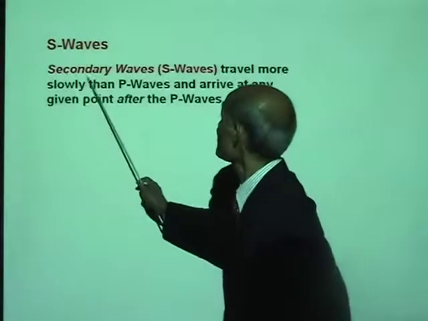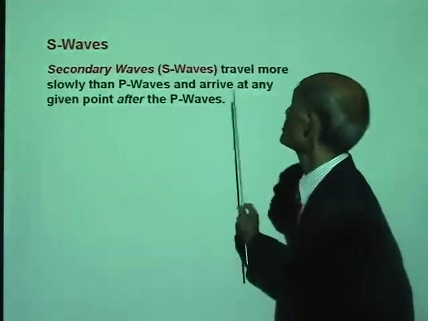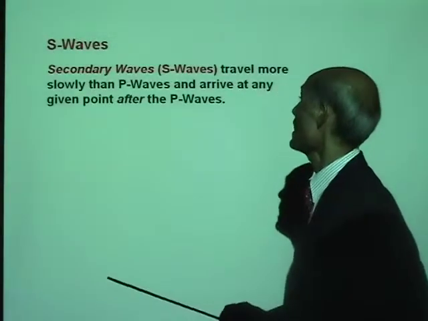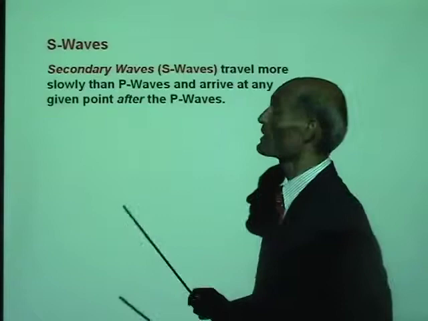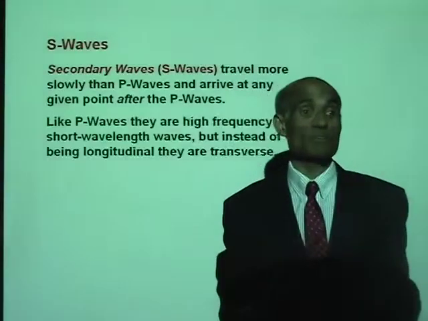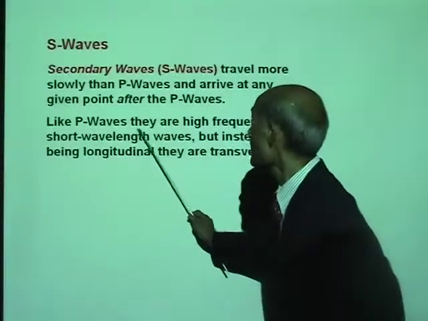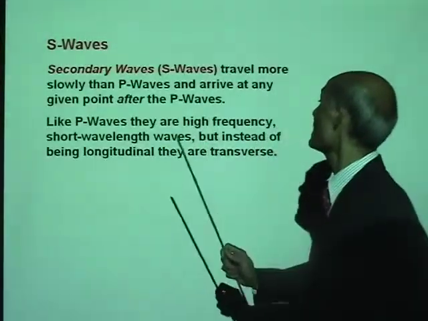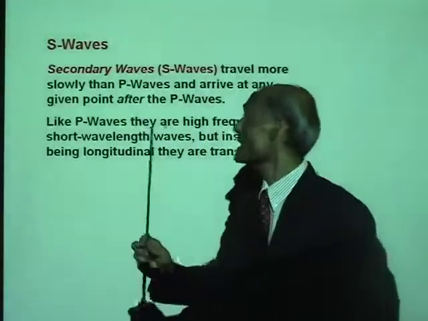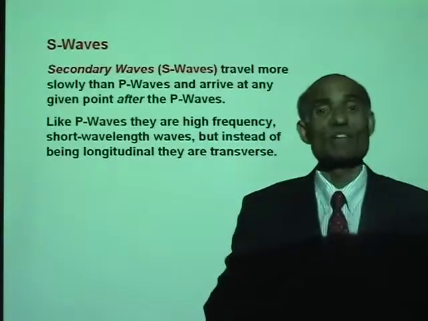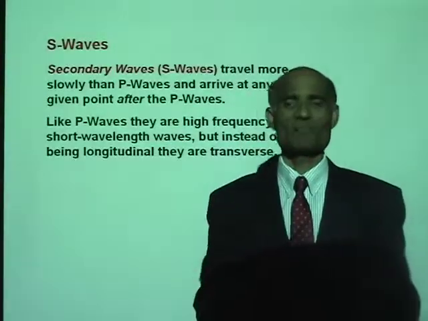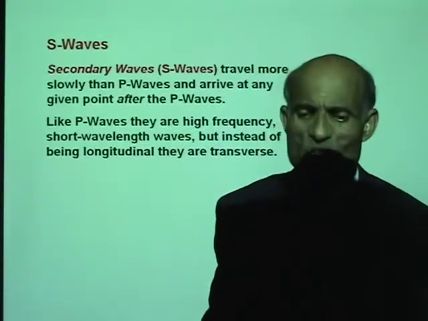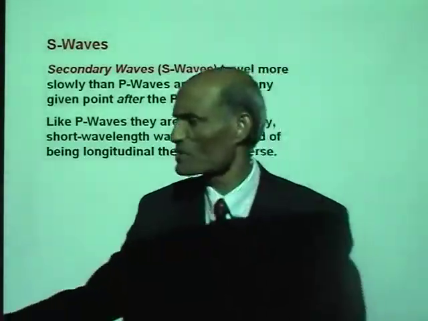Well, S waves, or secondary waves, travel more slowly than P waves and arrive at any given point after the P waves. Like the P waves, they are high frequency, short wavelength waves, but instead of being longitudinal, they are transverse. Now, what is the difference between a longitudinal wave and a transverse wave?